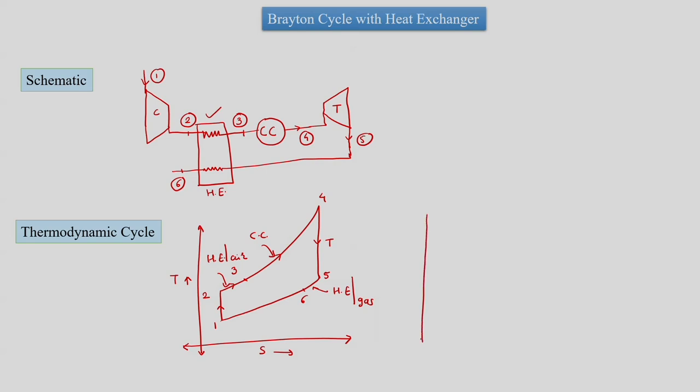Looking at this, we can draw the PV diagram for the Brayton cycle with heat exchanger, and then we can show that 1 to 2 is isentropic compression, 2 to 3 is heat addition in the heat exchanger, 3 to 4 is heat addition in the combustion chamber, 4 to 5 is isentropic expansion, and 5 to 6 is heat rejection in the heat exchanger.